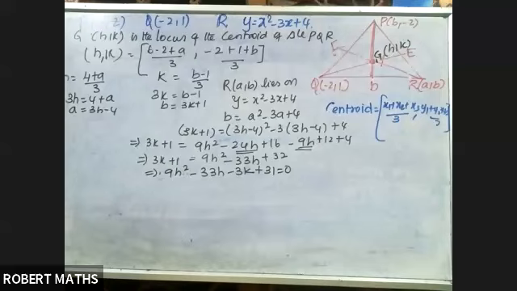Minus 2, comma 1. Correct, right? 6 minus 2 plus a, next one minus 2 plus 1 plus b.